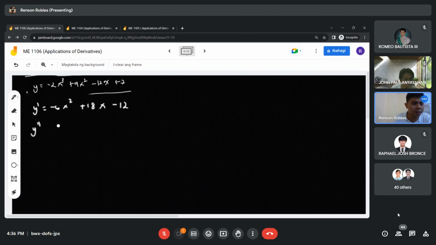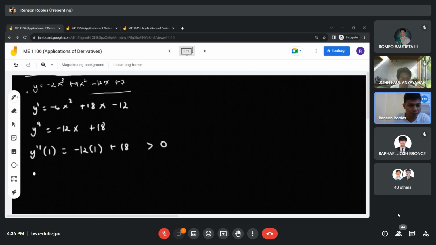Kasi alam na natin yung values niya. 1, 2, and 2, 3. Okay, so y double prime is negative 12x plus 18. And then y double prime at 1 is negative 12 times 1 plus 18. And I guess this is greater than 0. Therefore, the point 1, 2 is relative minimum.